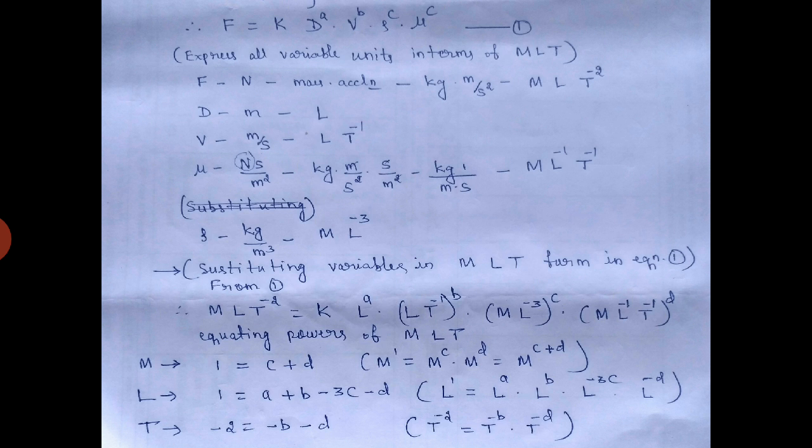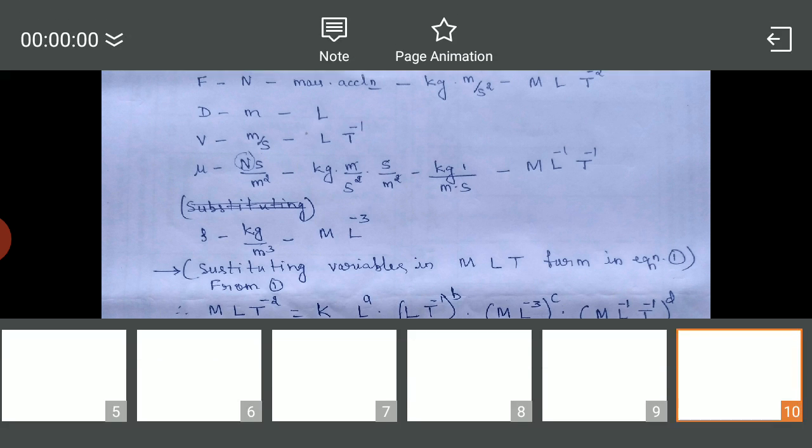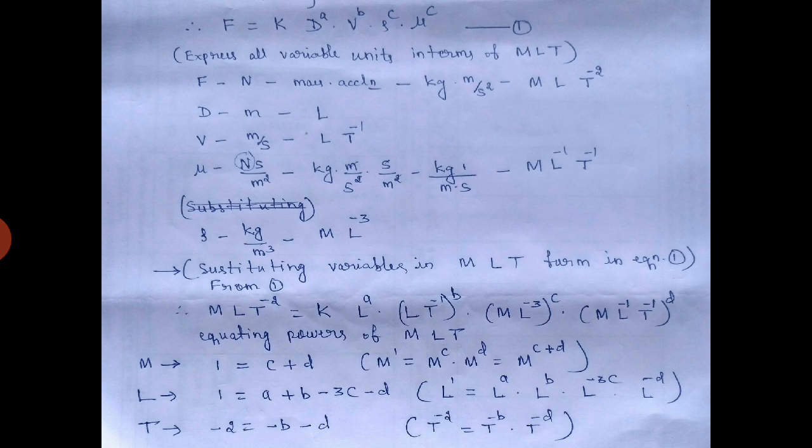Why is it done like this? Because viscosity is very important, and its power is mu raised to d. So as viscosity is important, the other 3 parameters' powers will be expressed in terms of d. So express a, b, c in terms of d.